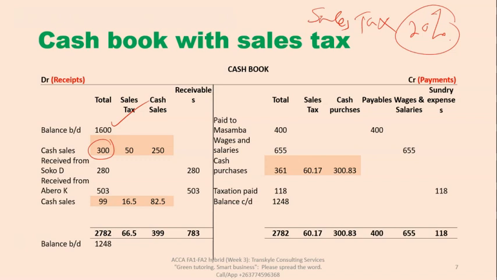To determine the sales tax, if you are given a tax-inclusive figure, you just have to say, for example here, 300 multiplied by 20 over 120, and you must get 50. Let me just use my calculator to verify.